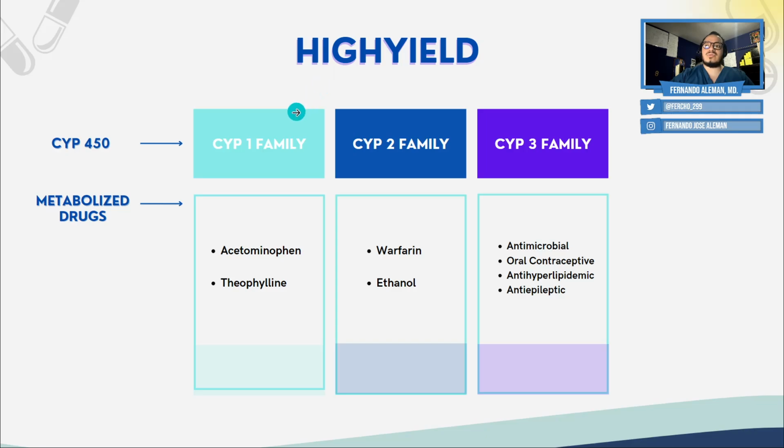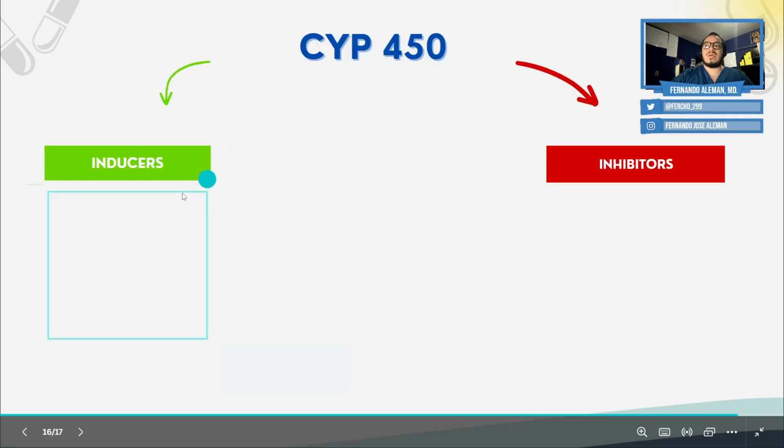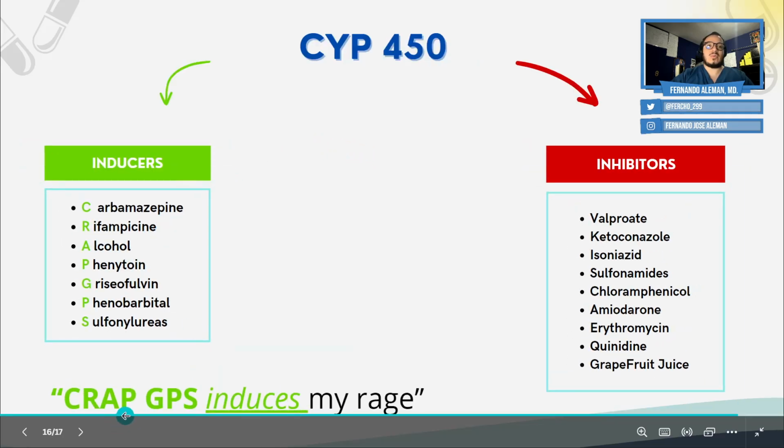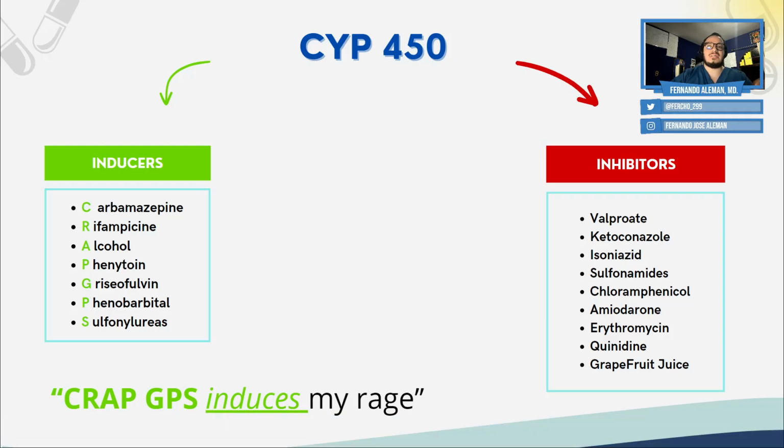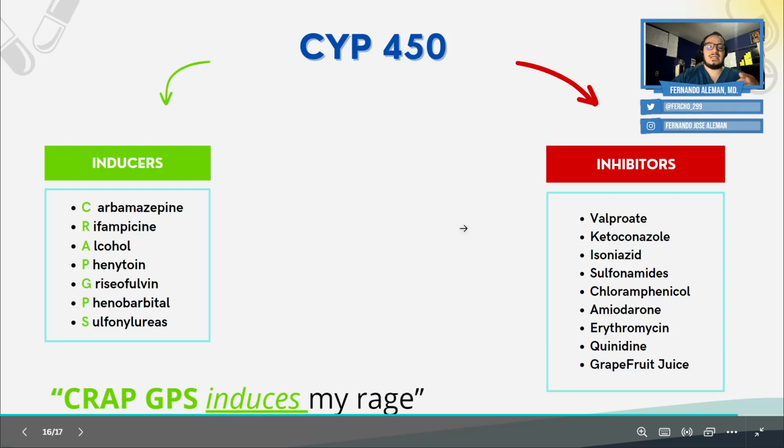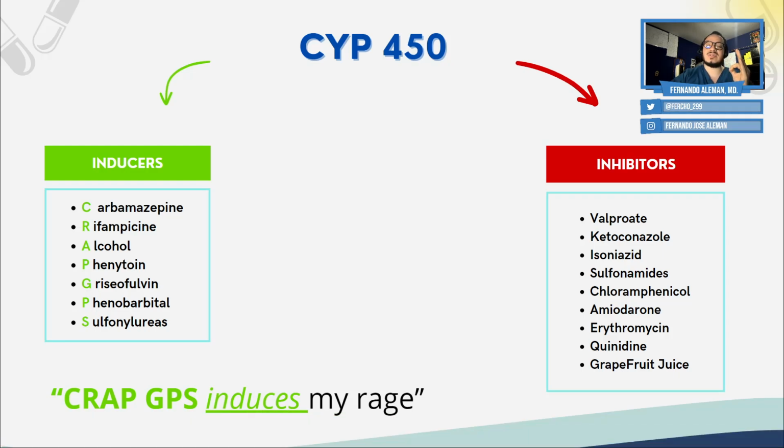If we are able to understand that only the first, the second, and the third family are the ones in charge of metabolizing the drugs, and that the first family metabolizes acetaminophen and theophylline, the second one warfarin and ethanol, and the third one triple A plus NO, and then we know that crab GPS induces my rage, I can guarantee that any question you get about the CYP450 enzymes, you will get it correct.